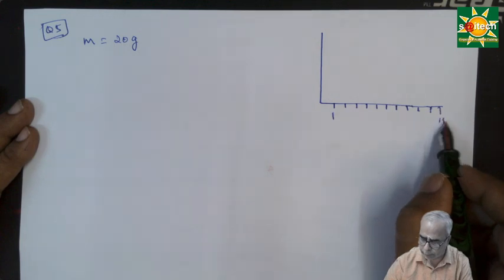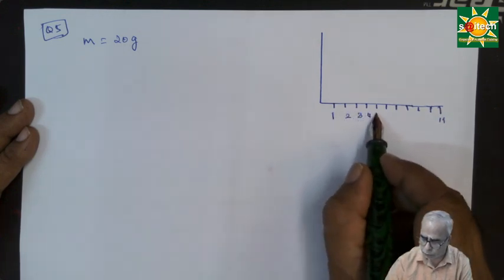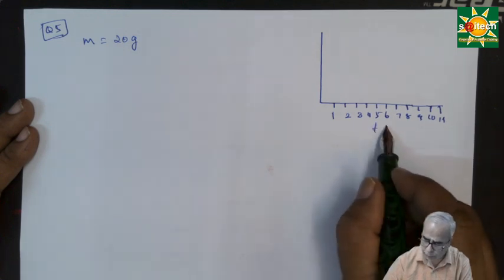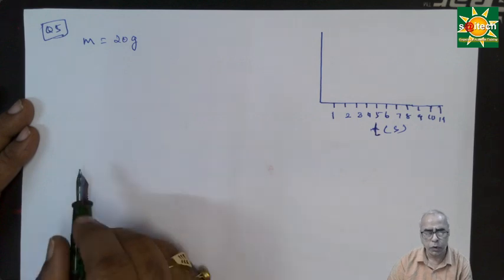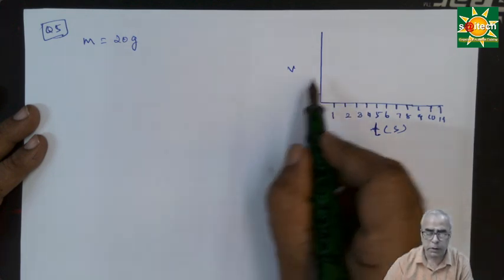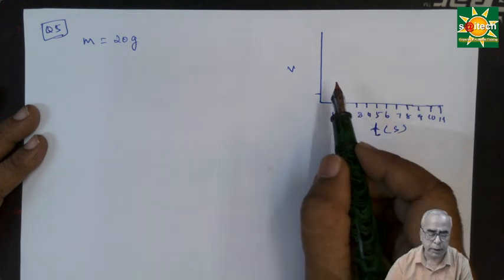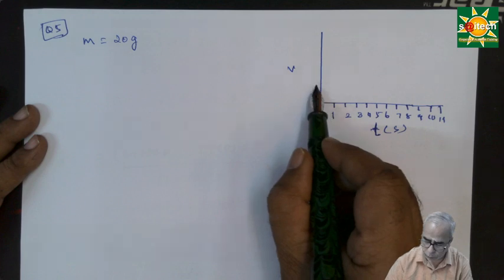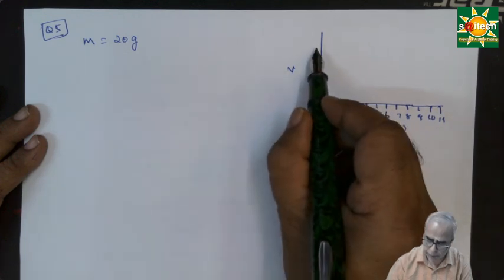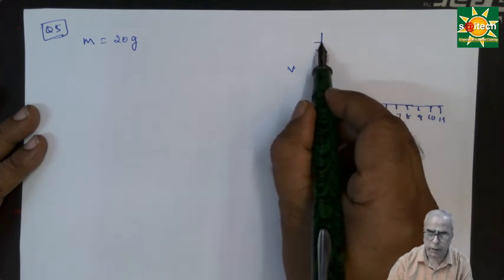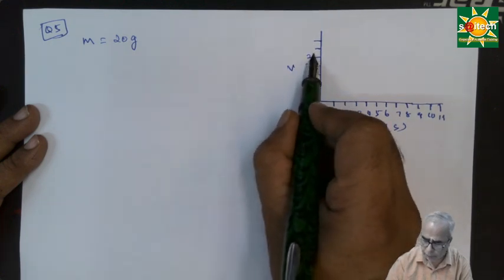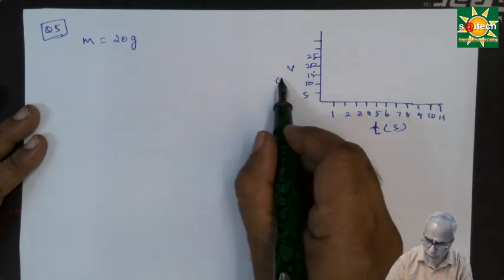The x-axis is time, given in seconds, and the y-axis is velocity, given in steps of 5 centimeter per second: 5, 10, 15, 20, 25, 30, 35, like this it goes.